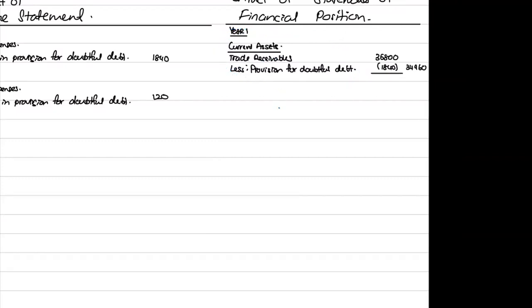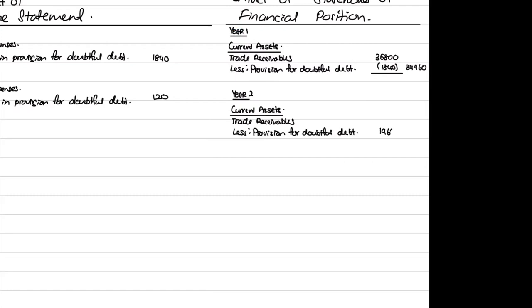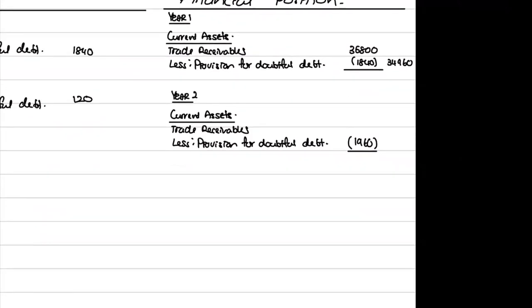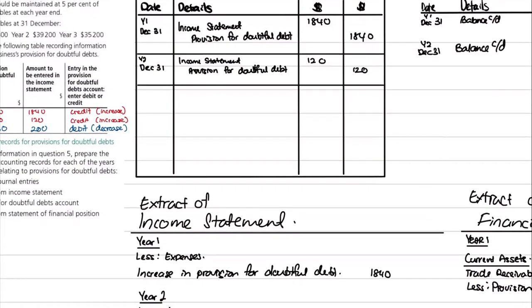Okay, so now if you remember clearly, for the provision for doubtful debt in your statement of financial position, always take the total 1,960. 289,200. And we'll get 37,240. Okay, that's done.